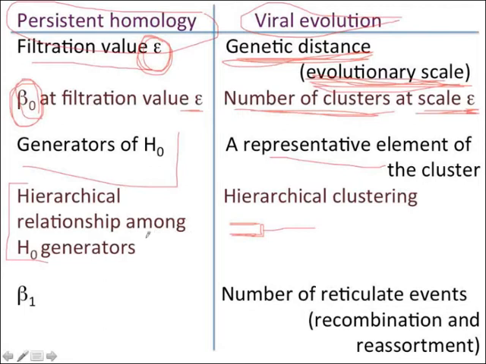So with these sorts of barcodes where one persists and one dies, by noticing which edge joins and kills this one and joins it to which one over here, we get this hierarchical clustering among our H0 generators.